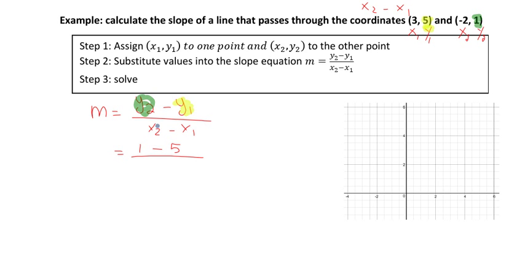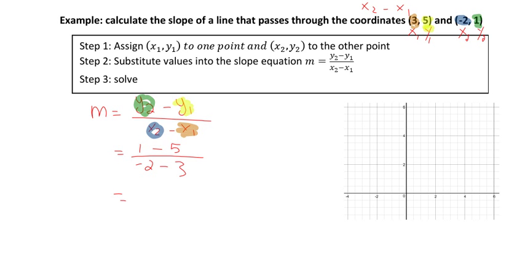X2 is negative 2, so I'm going to replace x2 with a negative 2 minus, and what is x1? 3. X1 is 3, so I'm going to replace it with 3. Do we see that? Is that clear?